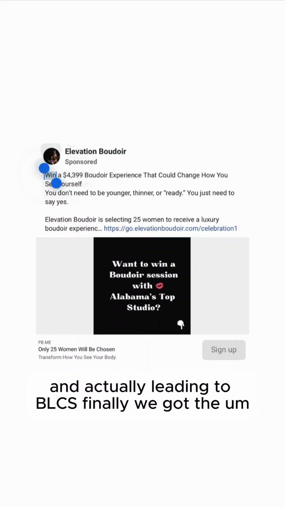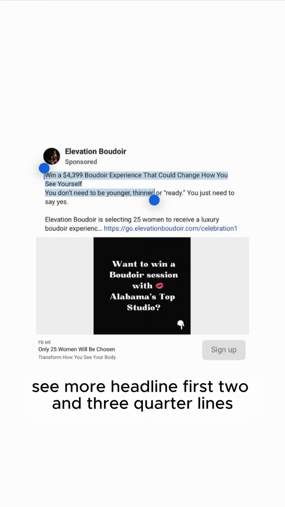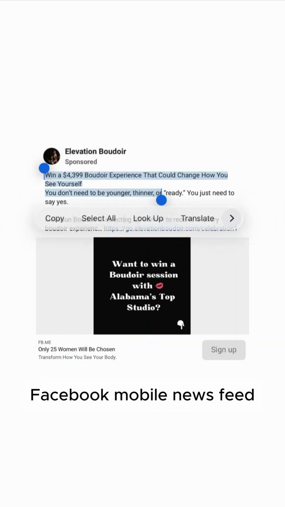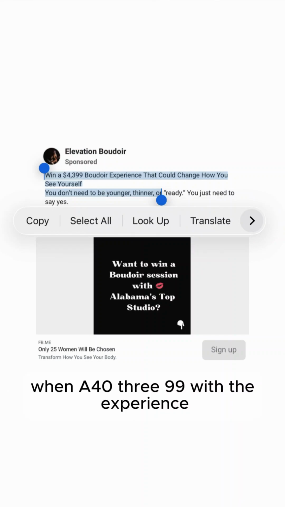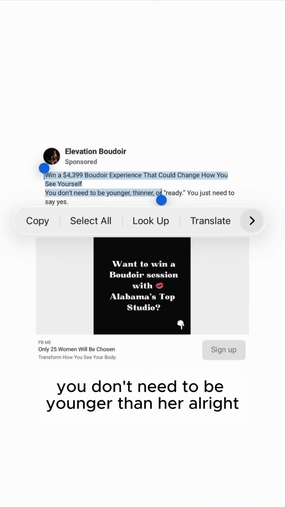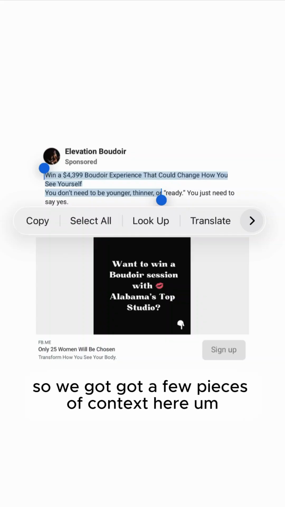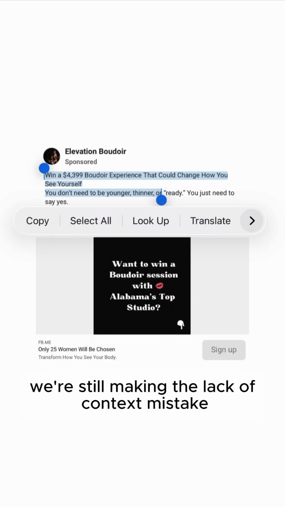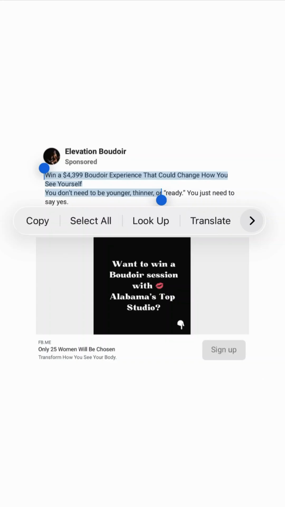Finally, we got the see more headline: first 2 3/4 lines, Facebook mobile news feed. Win a 43.99 Boudoir experience that could change how you see yourself. You don't need to be young or thinner. All right, so we got a few pieces of context here, but we're still making the lack of context mistake.